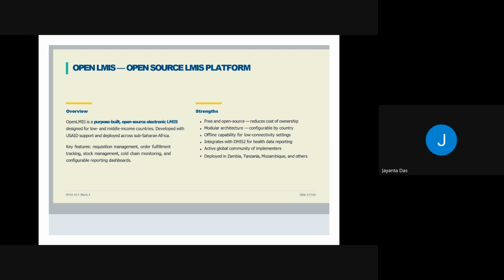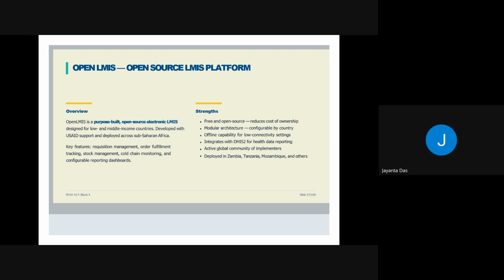What we gain is that it is free and open source, which reduces the cost of ownership. Since the platform is available free of cost, the cost will go down because you are not incurring any cost for this.